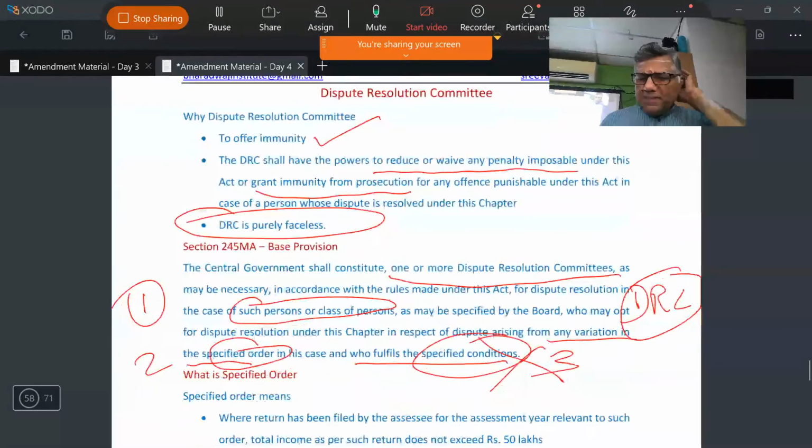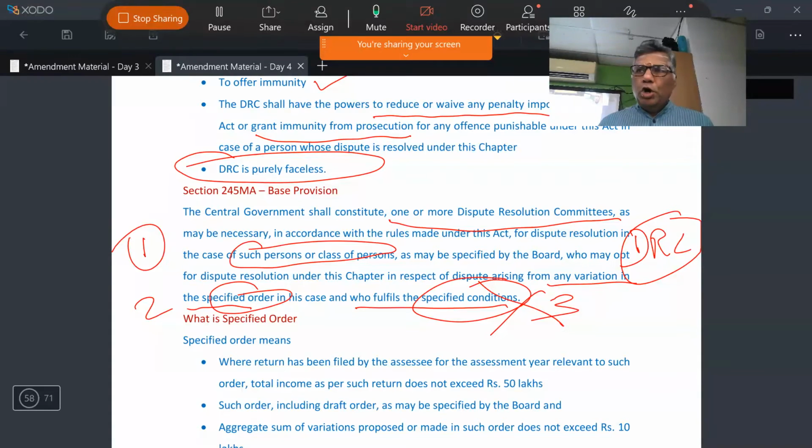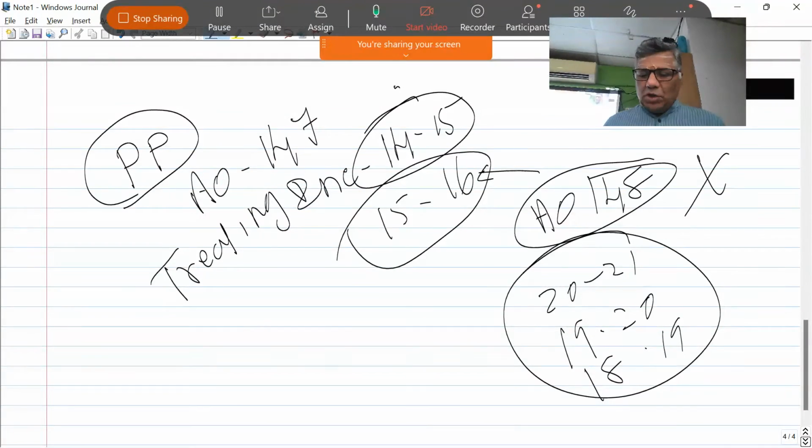Whose income in the return of income does not exceed 50 lakhs. There is a reason why I am writing it that way.